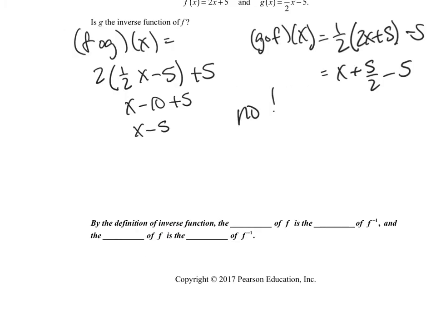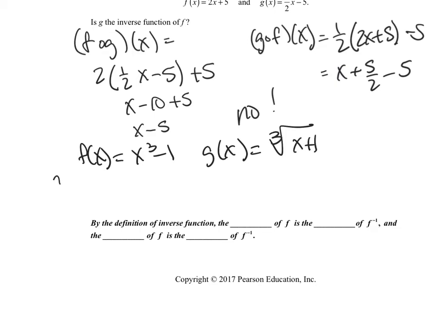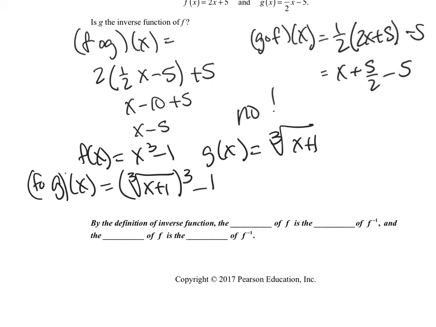So let me show you one that would work. If I had f of x equals x cubed minus 1 and g of x equals the cubed root of x plus 1. If I did f of g of x, I get the cubed root of x plus 1, cubed, minus 1.